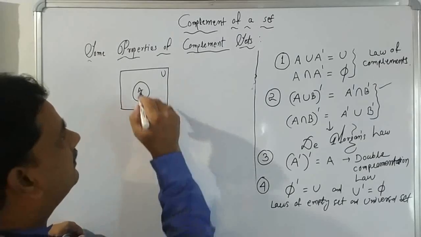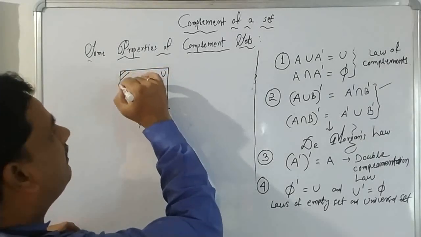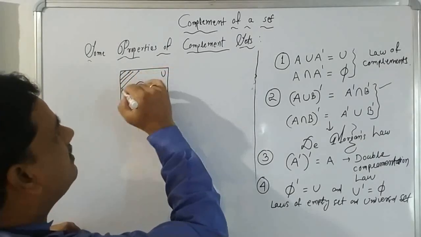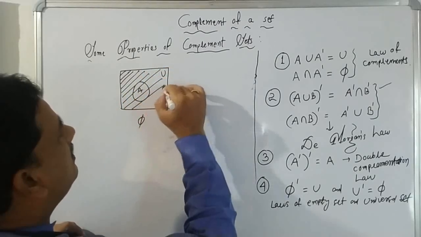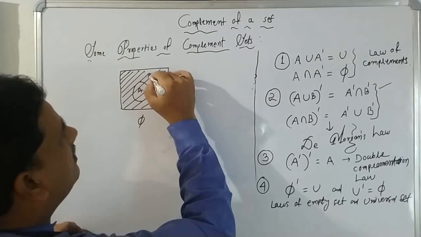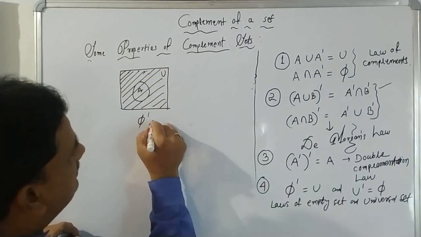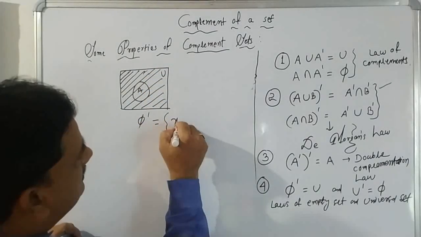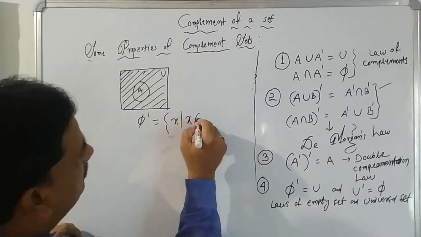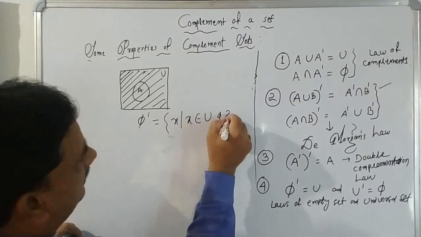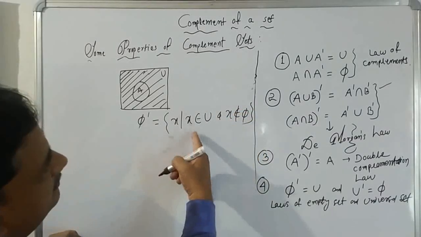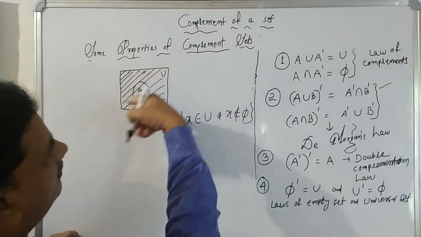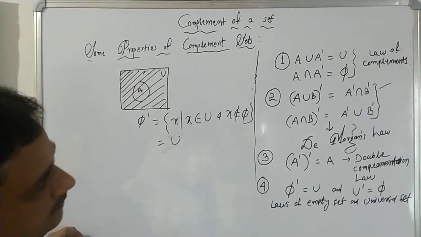Phi is nothing. So phi dash means X such that X belongs to U and X doesn't belong to phi. So X belongs to U but doesn't belong to empty set, so all the elements, that is U.